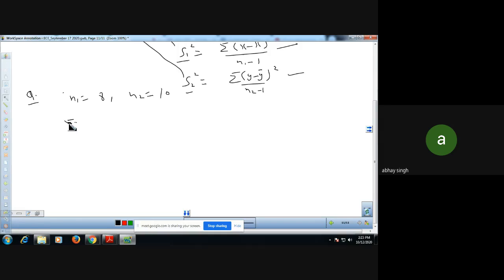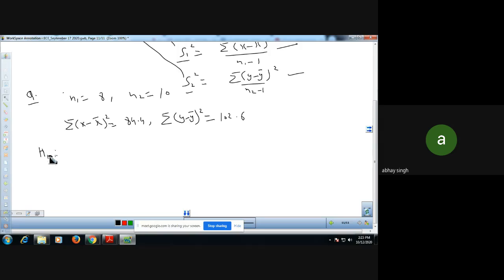That is, summation x minus x bar square is 84.4, and summation y minus y bar square is 102.6. We have to test whether the difference of variances of the populations is significant or not.